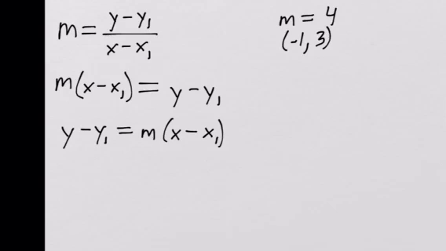So what we're going to do is plug the information in. So we have y minus 3 is equal to m, which is 4. Then x minus x1, which would be minus -1, and minus -1 is the same thing as plus 1.